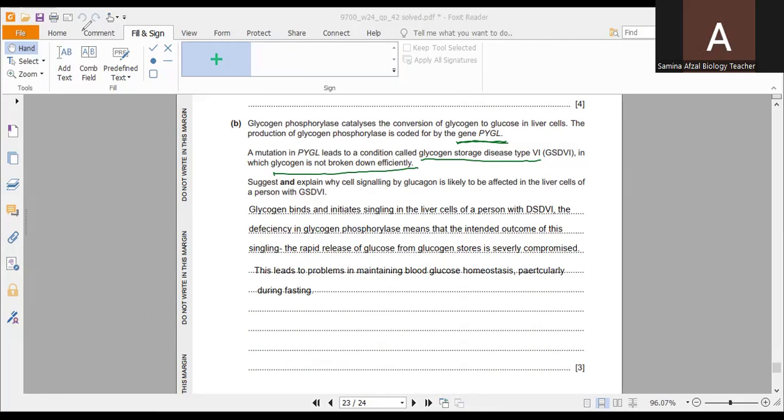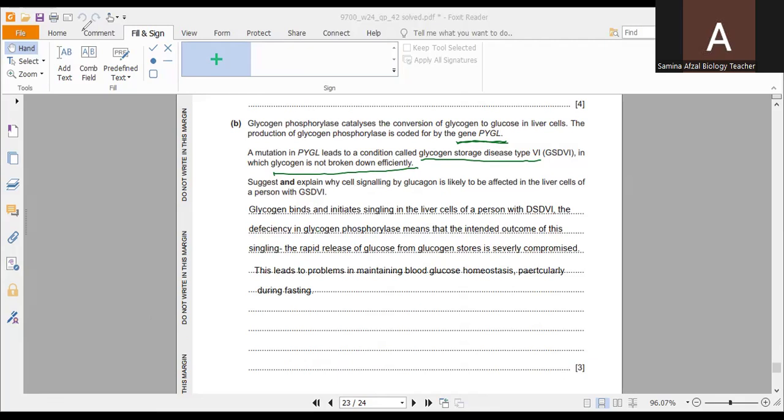So suggest and explain why cell signaling by glucagon is likely to be affected in the liver cells of a person with GSD6. So glucagon binds and initiates signaling in the liver cells of a person with GSD6.